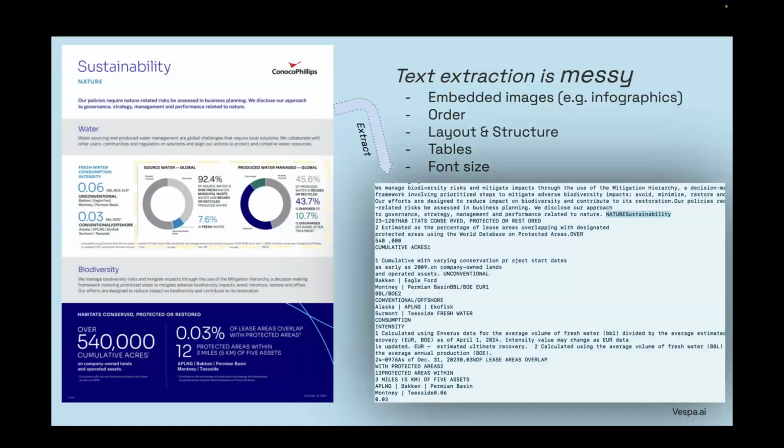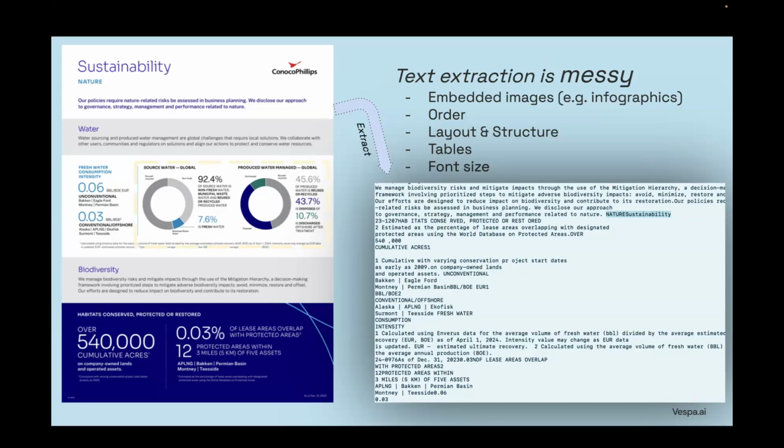So bottom line, the problem is text extraction is messy. It's hard. If you see this sample here, what is shown here is an embedded image, so you can just forget about extracting anything from that.